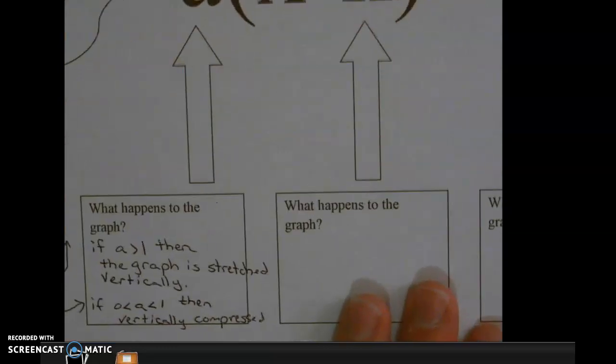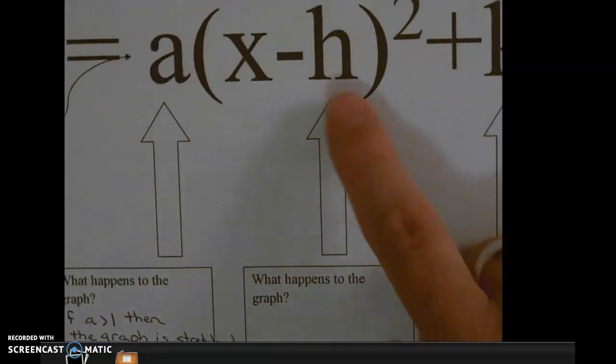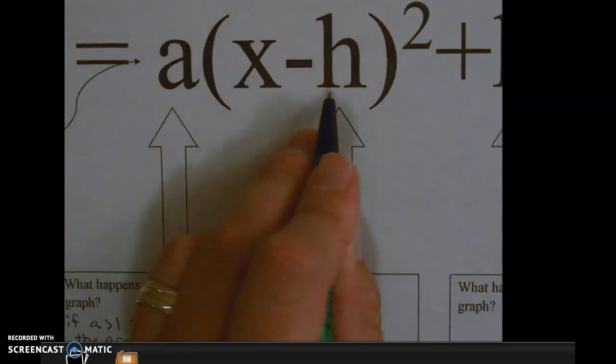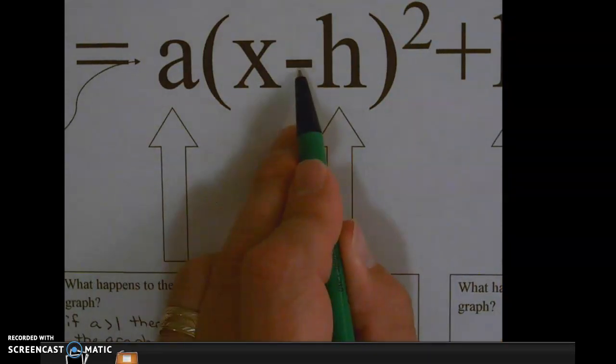All right, what happens to the graph here? Well, H, I always tell my students, this is a translation. If it's minus, it's going to go to the right, and if it's plus, it's going to go to the left.